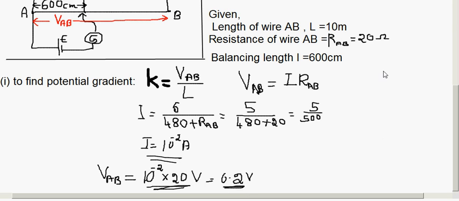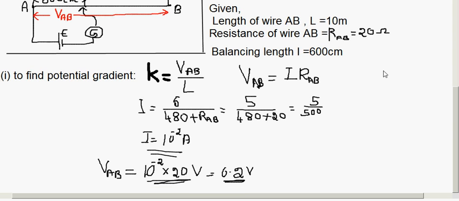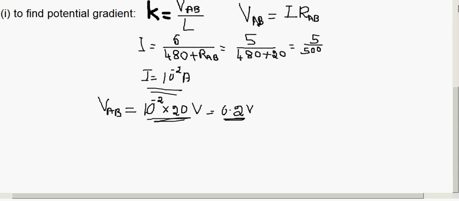Now find out K, potential gradient. K is VAB by L, that is 0.2 divided by 10 because L is 10 meter. Therefore, it is equal to 2 into 10 to the power minus 2 volts per meter.